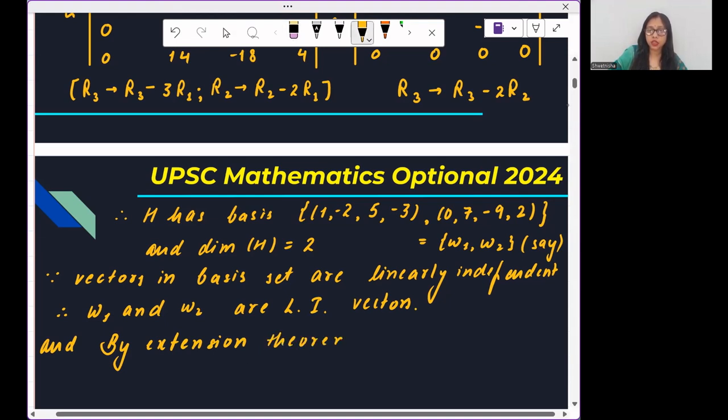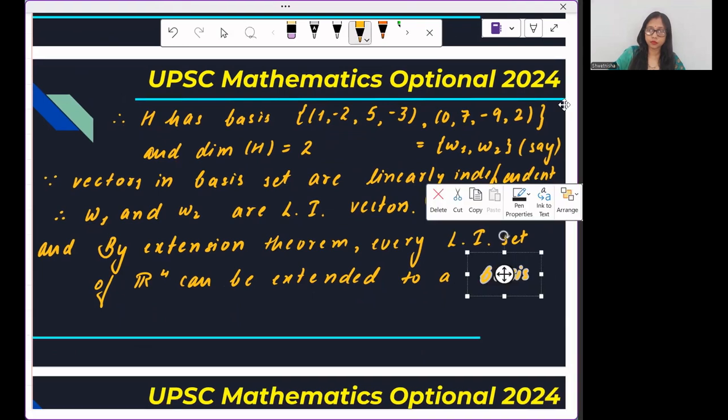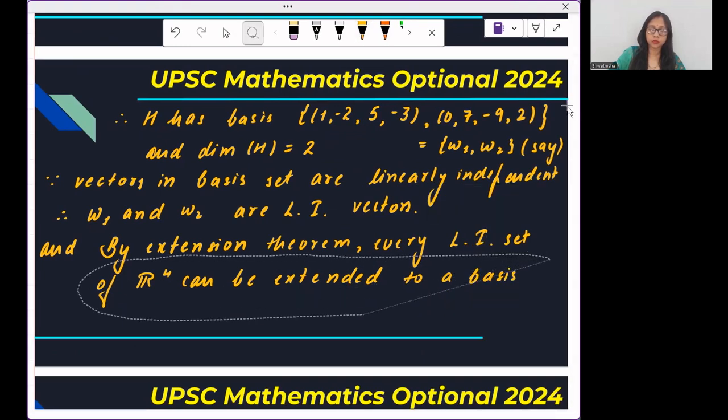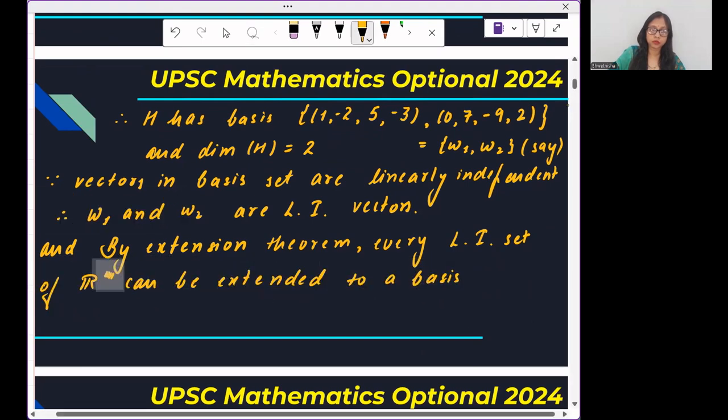every linearly independent set of R4 can be extended to a basis of R4.